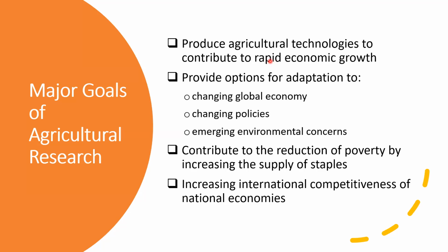Then, provide options for adaptation to the changing global economy. As I mentioned in the first point, if the economics change, we have to change the agriculture as per the demand. Then there are changing policies in the country and in the world, and we have to follow those as well.